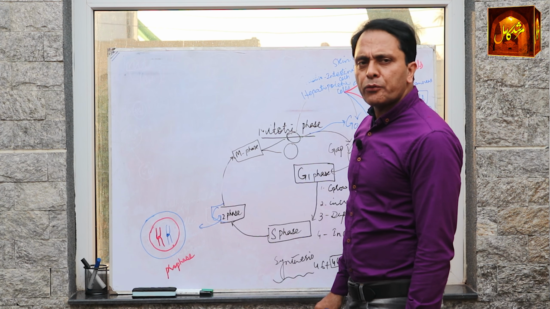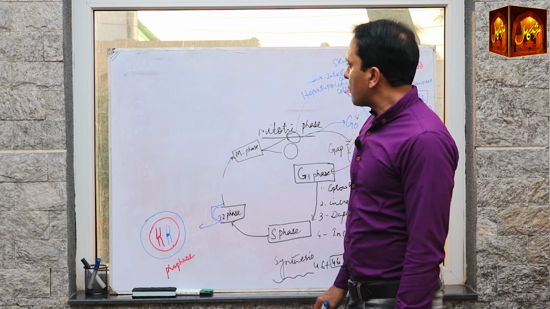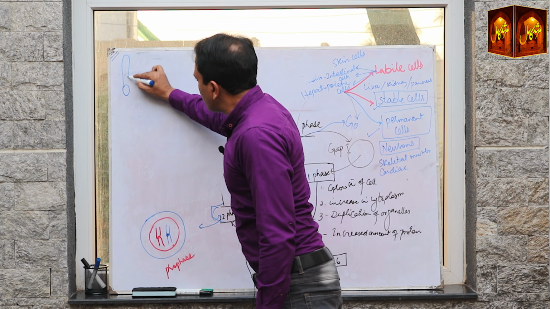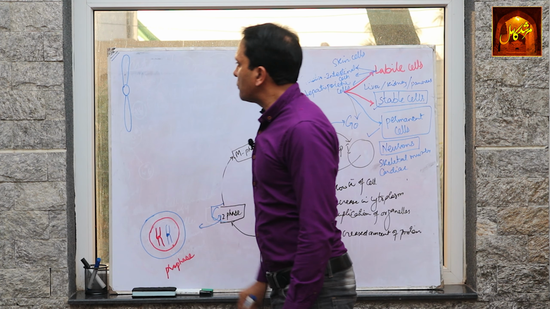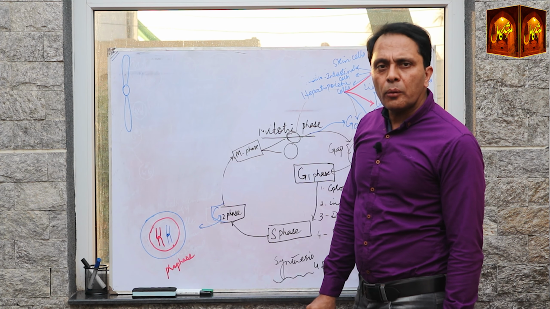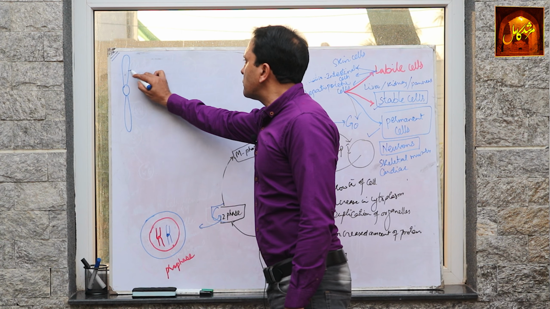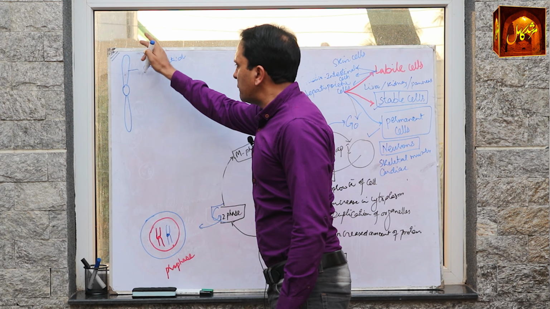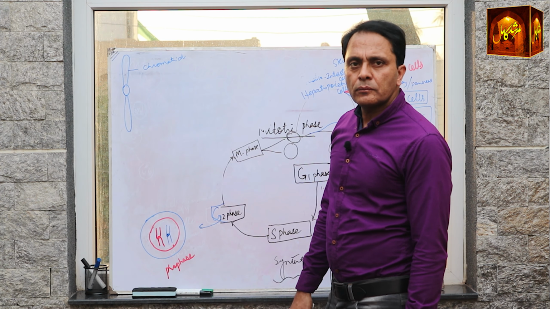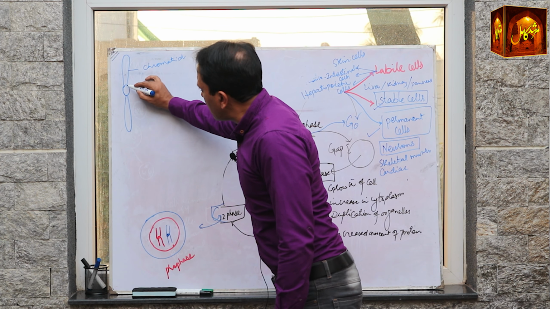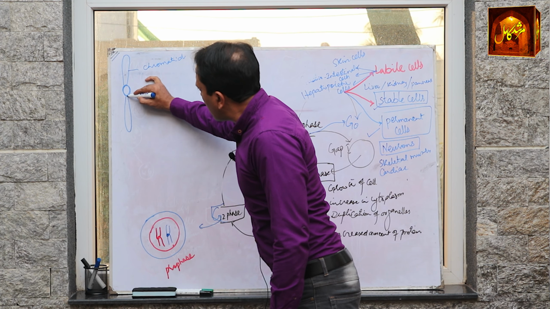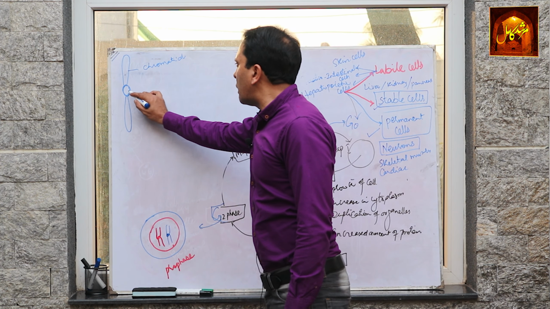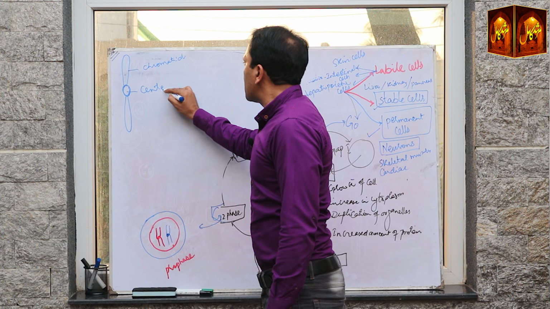When we talk about the structure of a chromosome, a chromosome is made up of chromatids. This chromatid is joined by a special circular structure that is called centromere.